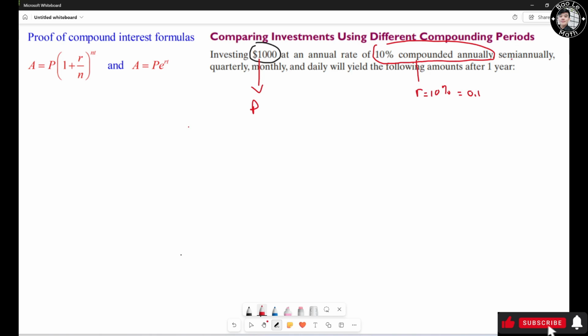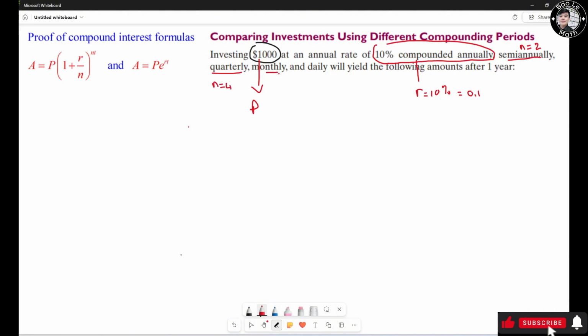Semi-annually means n equals 2, which means half a year. Quarterly, 1 year has 4 quarters, so n equals 4.